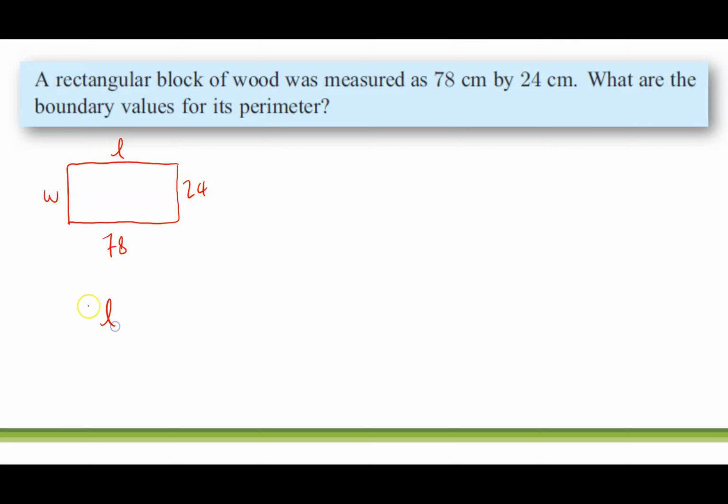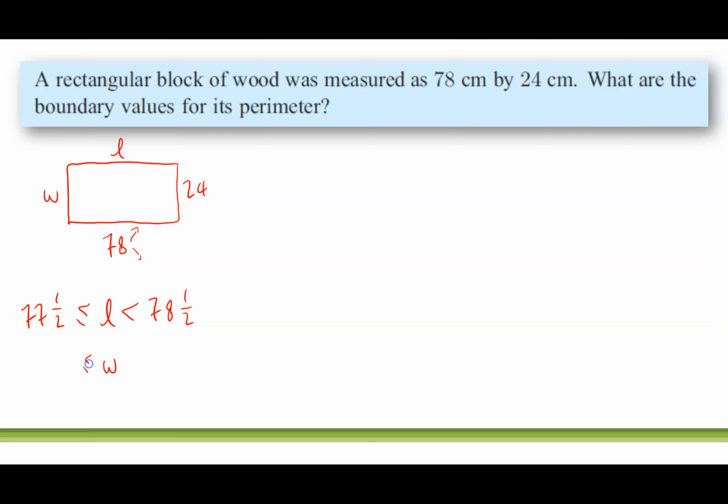Now the length would be bigger than up to a half less, so it would be 77 and a half all the way up to 78 and a half, because that is a half more and a half less than the reported length.